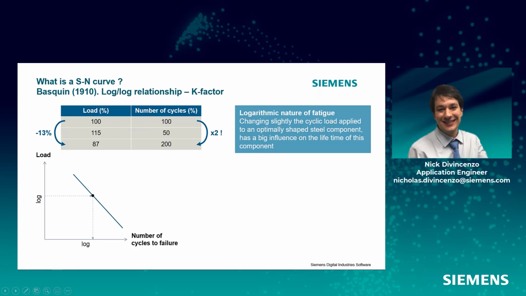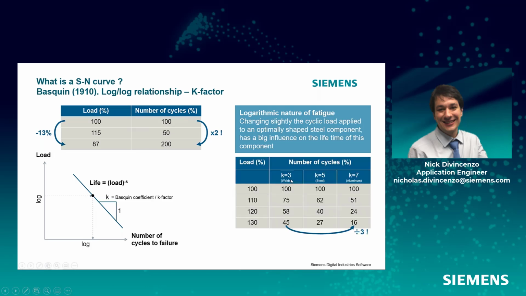So it's not as simple as saying if I reduce my load by half, my fatigue life goes up by half, or if I increase my load by 50%, then my fatigue life goes down by 50%. Because of this logarithmic nature of fatigue, we need to be very careful when we're performing an analysis and changing our load levels.